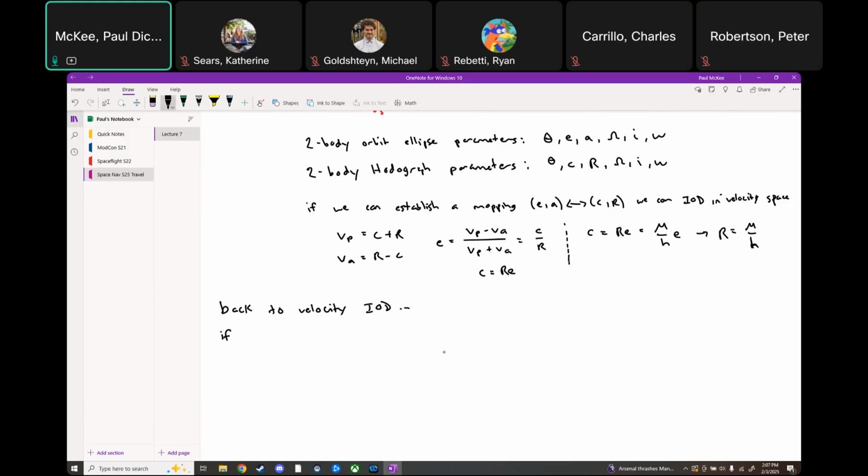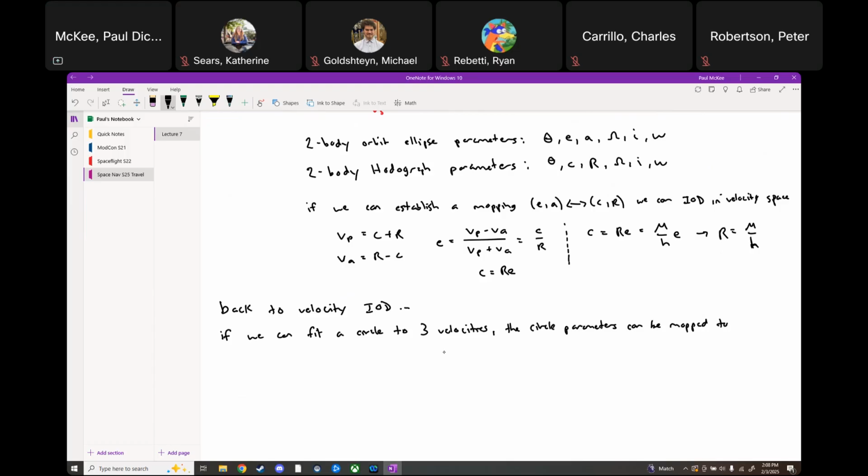If we can fit a circle to three velocities, the circle parameters can be mapped to orbit elements.